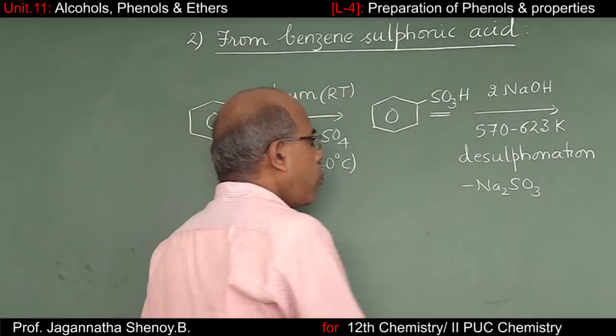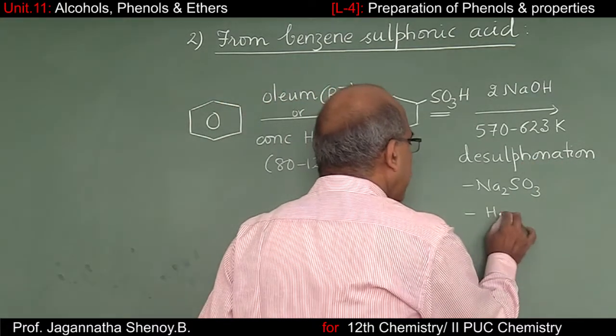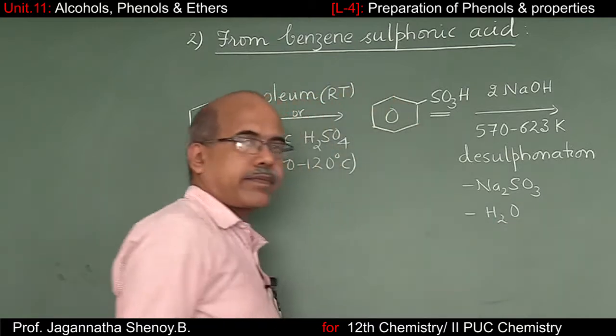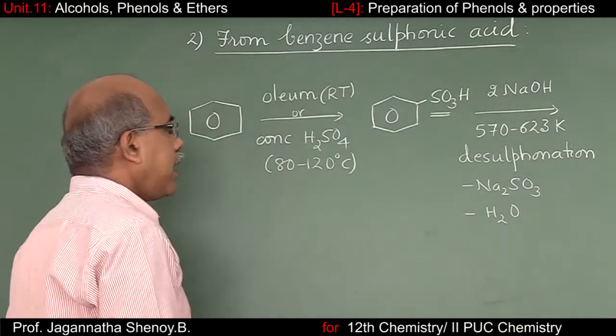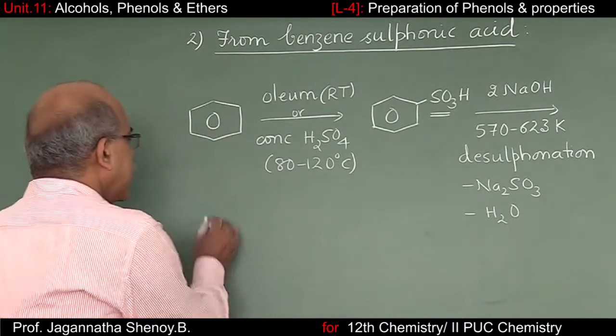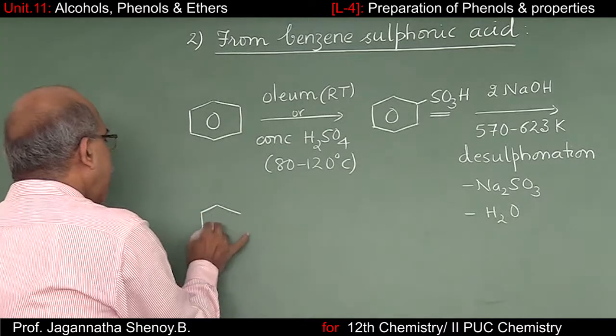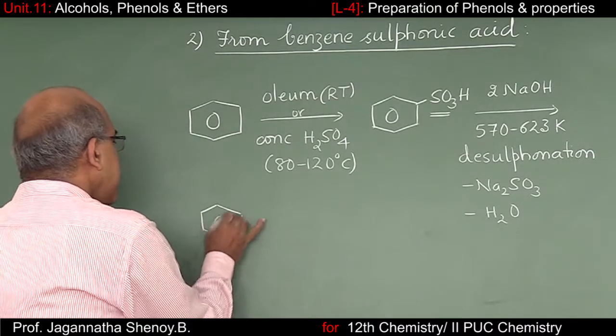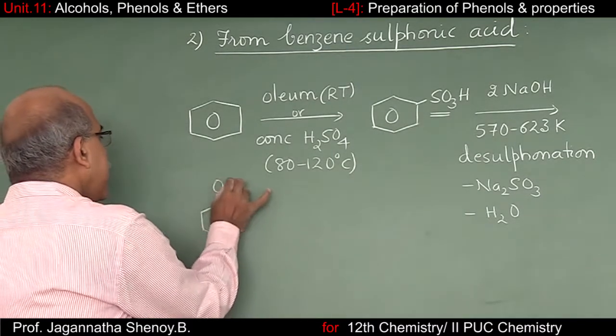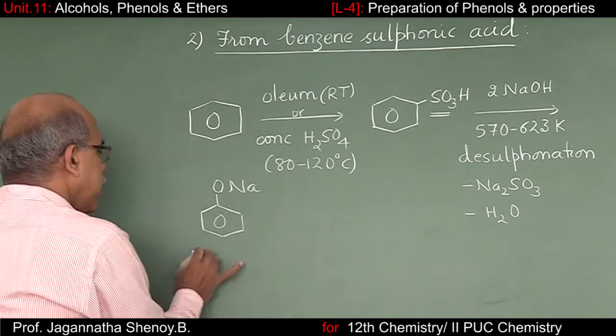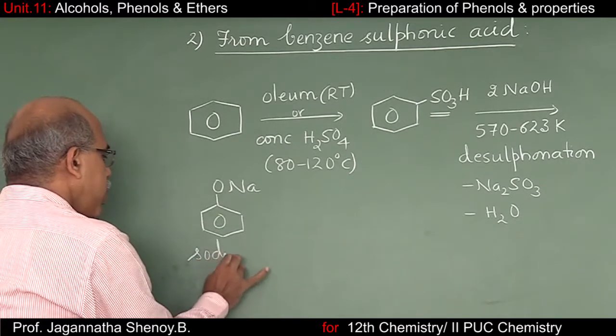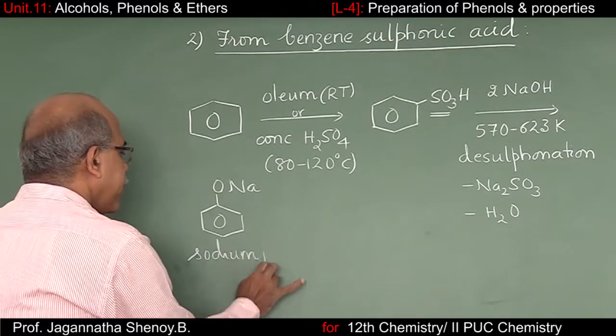Along with that, water is also removed, H2O. At that time, what is the product that is formed? The product formed will be a benzene ring with ONa. So this is sodium phenoxide.